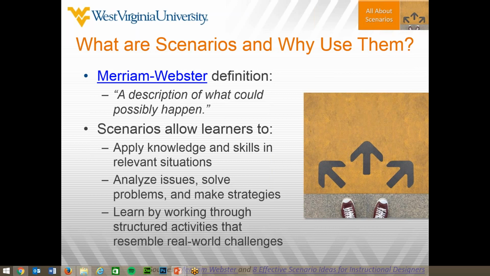Scenarios allow learners to apply the knowledge and skills they've learned, especially in relevant situations. They allow you to analyze issues, solve problems, and make strategies about solving those problems, but you also learn through working through a structured activity that resembles a real-world challenge.